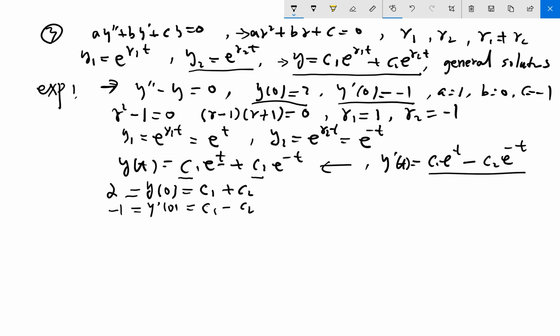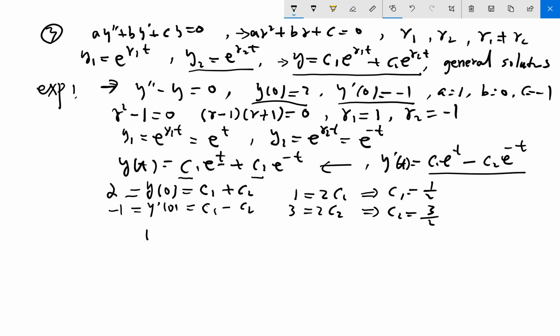Now, if we add those two equations together, the left-hand side, 2 minus 1, gives you 1. The right-hand side gives you 2C1. So C1 must equal 1/2. Then we can find C2 by subtracting the two equations. The left-hand side gives you 3, and the right-hand side gives you 2C2. This means C2 must equal 3/2.